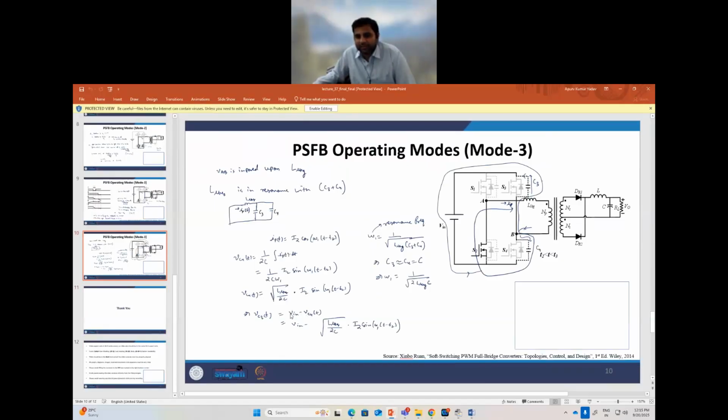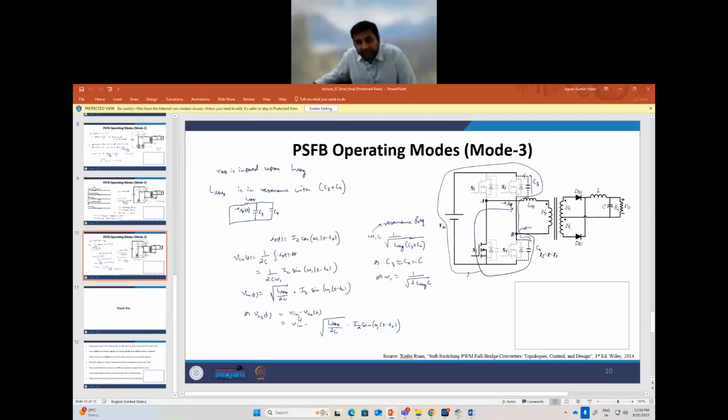The initial voltage of VC3 was V in. So when you solve from that, you will get this. That is what I have written. Here we are writing VC3 is equal to V in minus VC4.